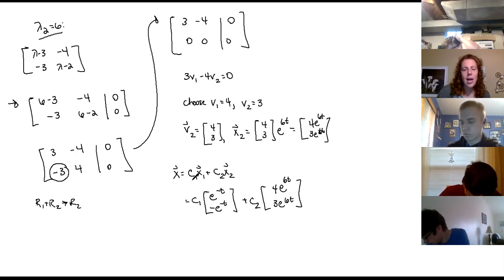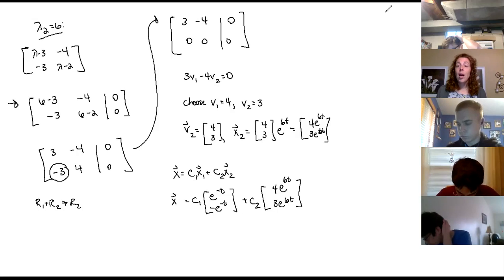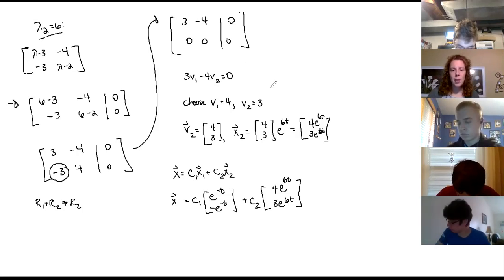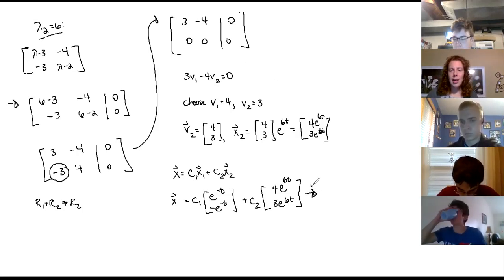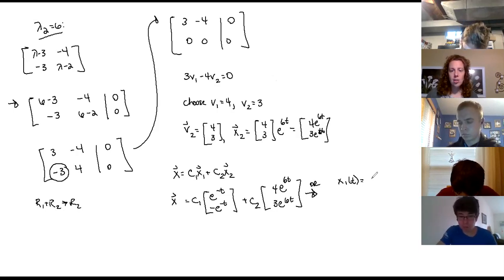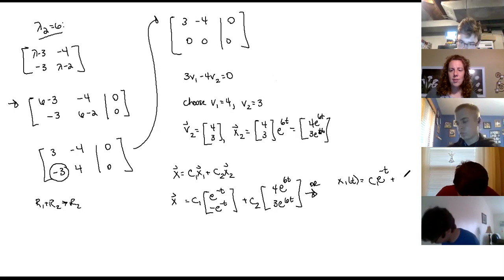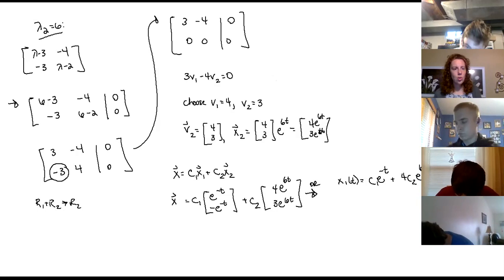So that's your general solution for your vector x. You can also write that as functions x1 of t, x2 of t. So x1 of t, not a vector, just a function, is c1 e to the negative t plus 4c2 e to the 6t, right?